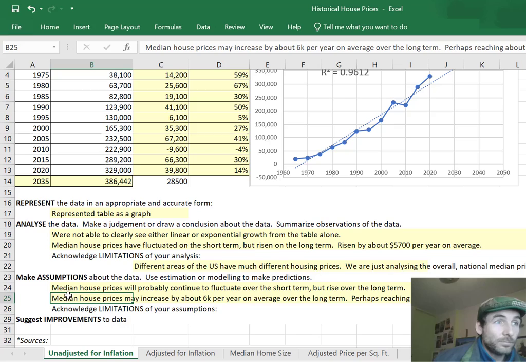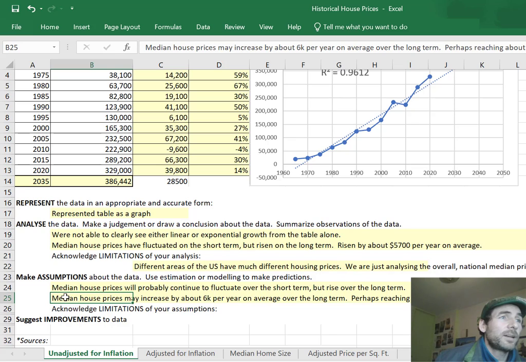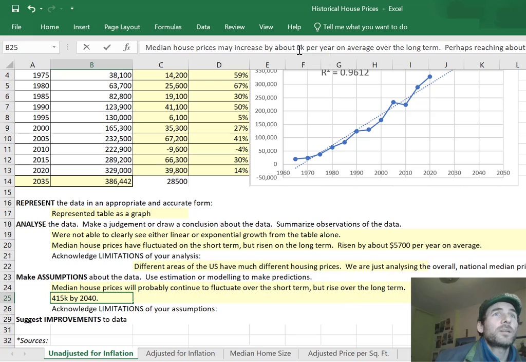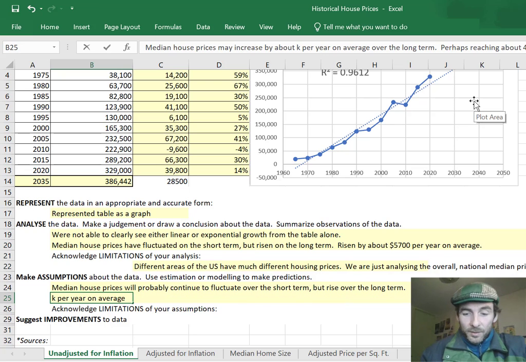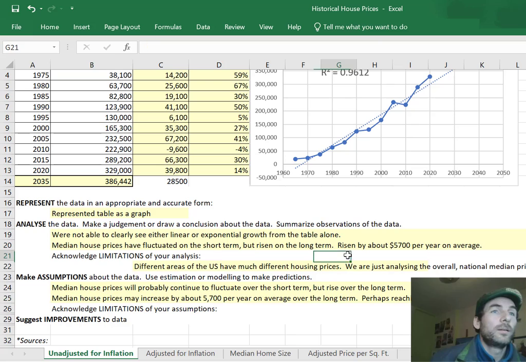And our 5,700 number is here. Median house price may increase by about 5,700, right? And then, as we calculated, maybe reach about 415 by 2040.